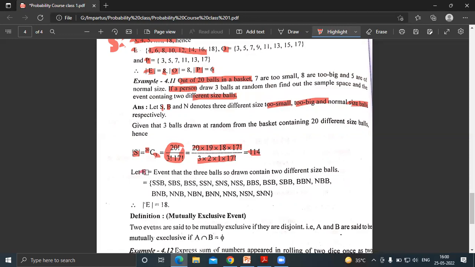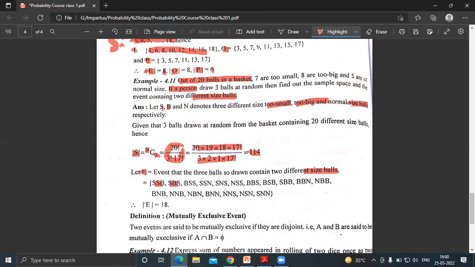Similarly, let E be the event that the 3 balls drawn contain two different size balls. If you want to solve manually, how will you solve it? You will write two different sizes, that is SSB, where SS is two small balls and B is a big ball. So it may be possible.